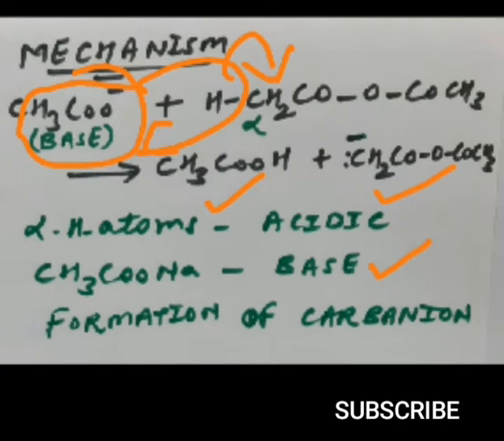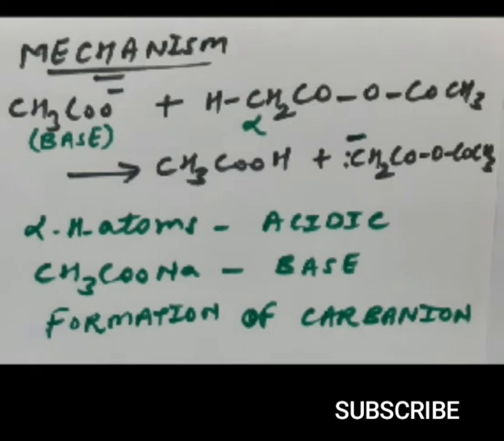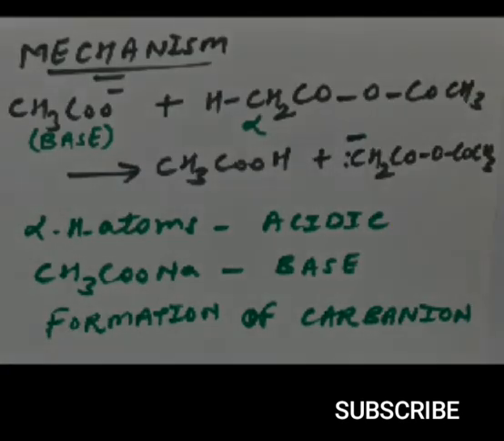So within this step, the main points are: alpha hydrogen atoms are acidic, the sodium salt of an acid is acting as a base, and there is a formation of a carbanion, right? Let us move on to the next step.